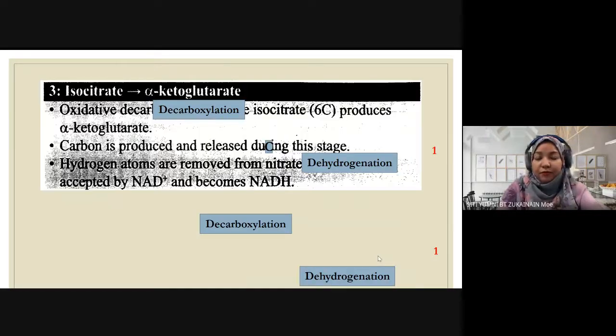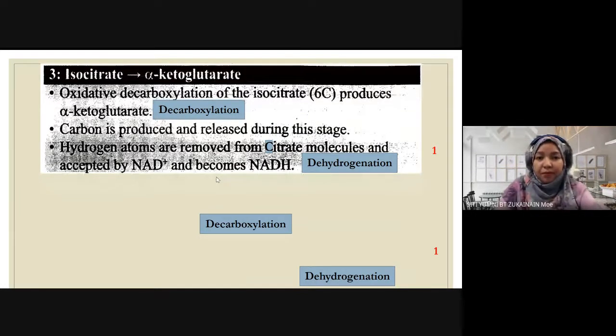Then we continue with stage 3 in the Krebs cycle. Isocitrate becomes alpha ketoglutarate, so you need to explain. At the third stage, decarboxylation happens, dehydrogenation happens. Any statement that you write related to the decarboxylation and dehydrogenation: isocitrate becomes alpha ketoglutarate via oxidative decarboxylation of the isocitrate, 6 carbon, produces alpha ketoglutarate.